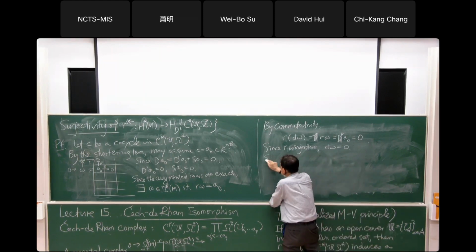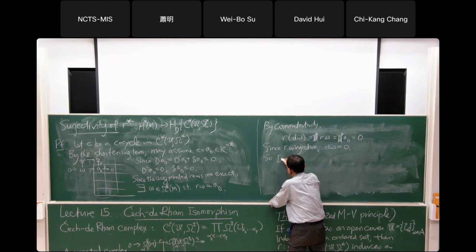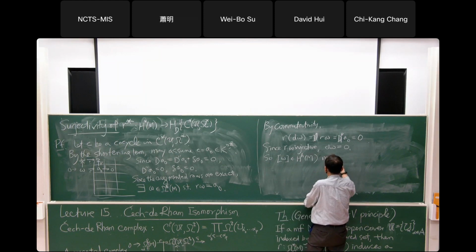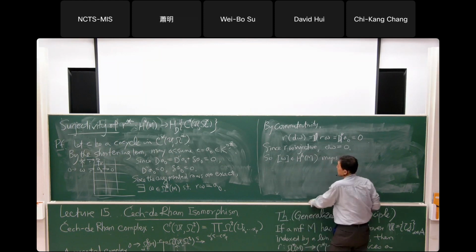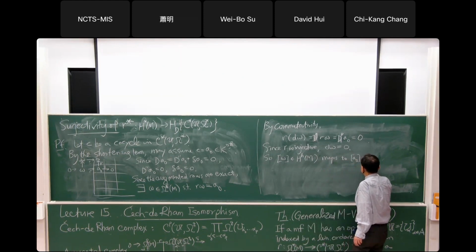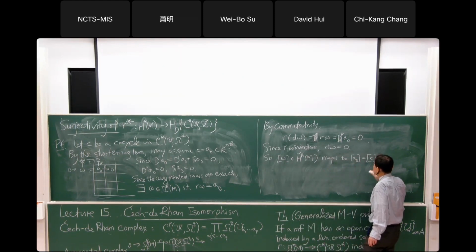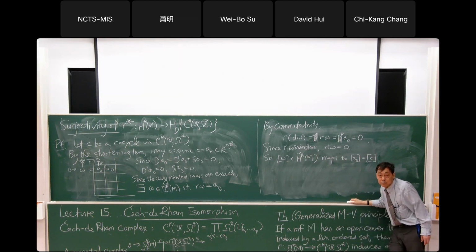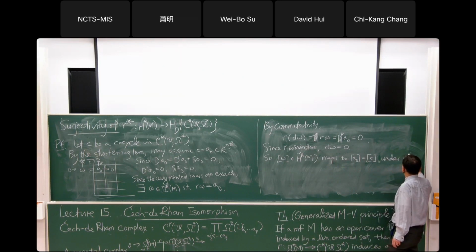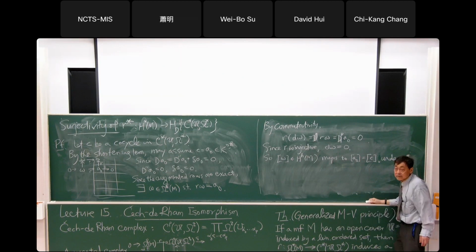So omega defines the cohomology class, and this cohomology class maps to the cohomology class of A0, which is the same as the cohomology class of the original cocycle C. And this proves surjectivity.